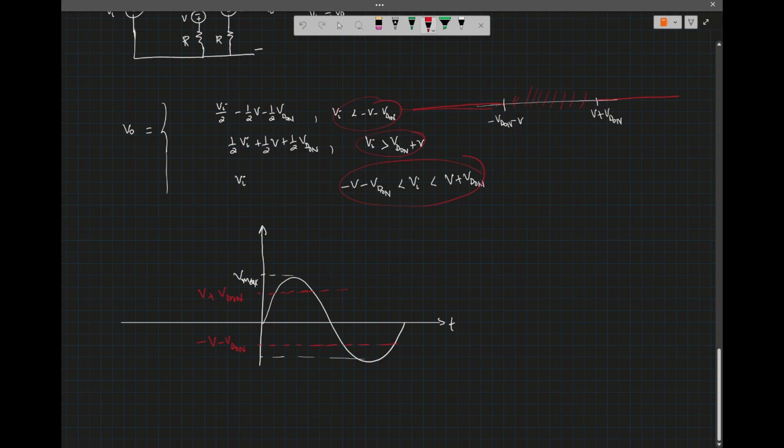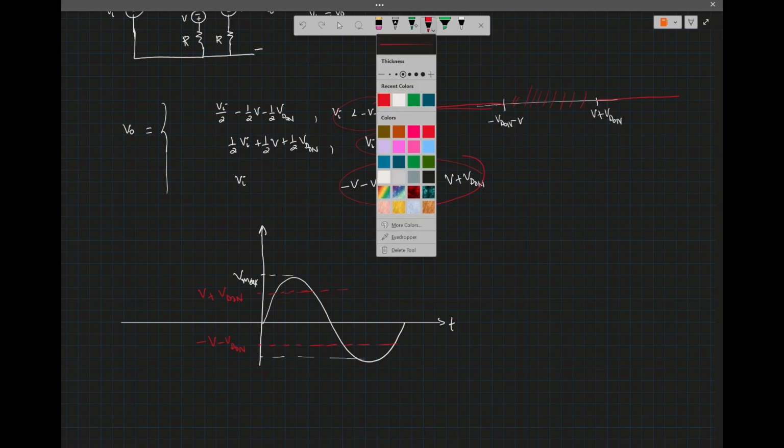In between the two, the voltages are the same.